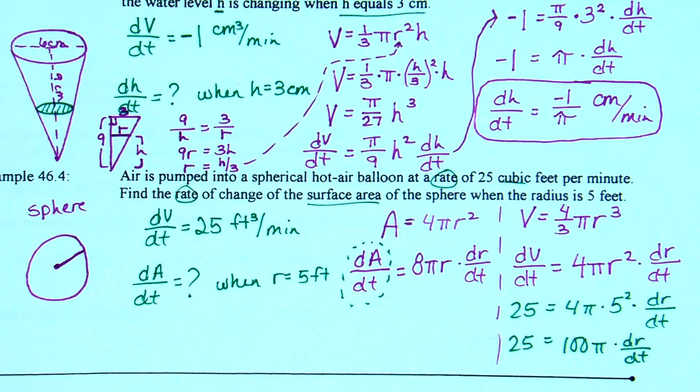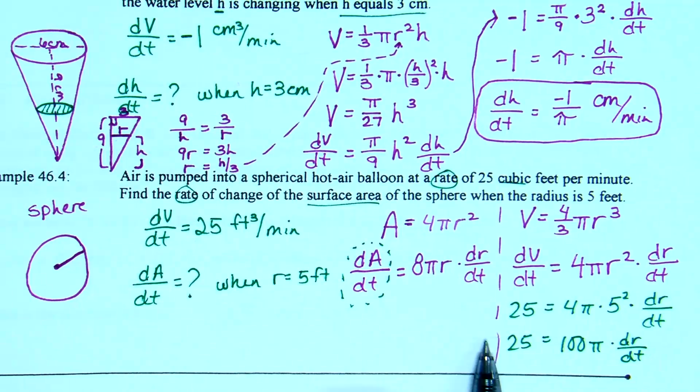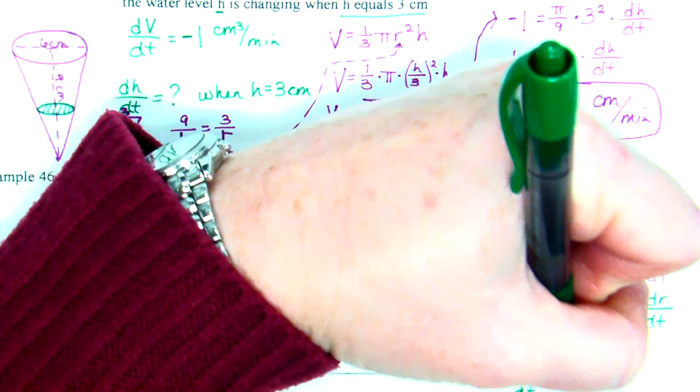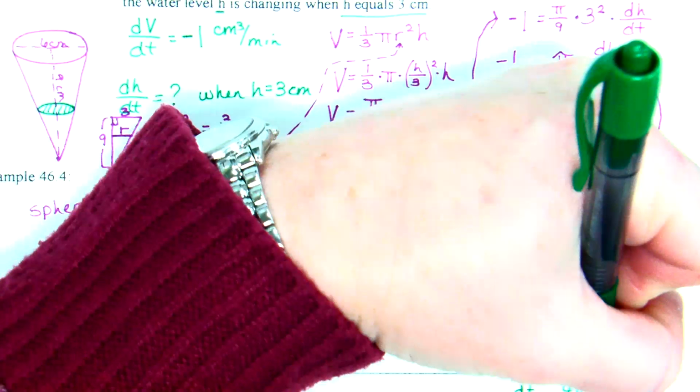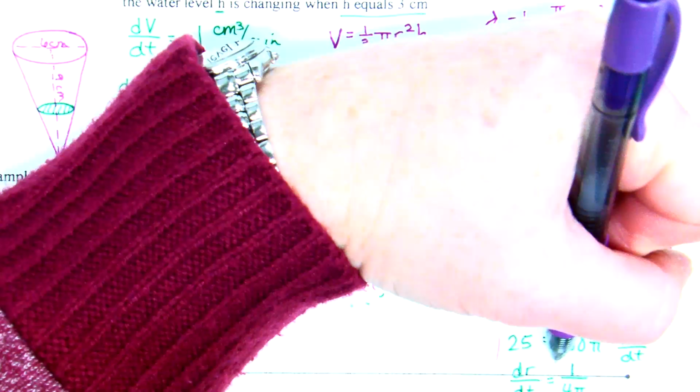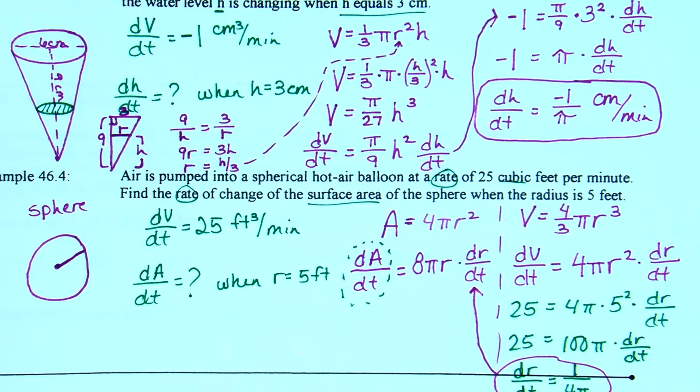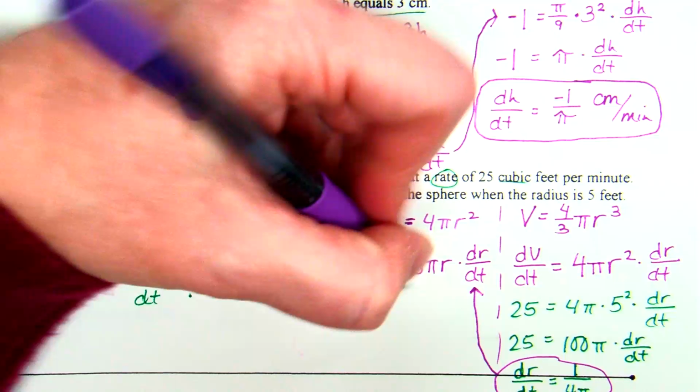So 25 divided by 100 pi. 25 divided by 100 reduces to 1/4, and then pi is in the denominator. So dr/dt is going to be 1 over 4 pi. And that is what we're going to use to substitute up here for dr/dt. So I'm now ready to finish finding dA/dt.